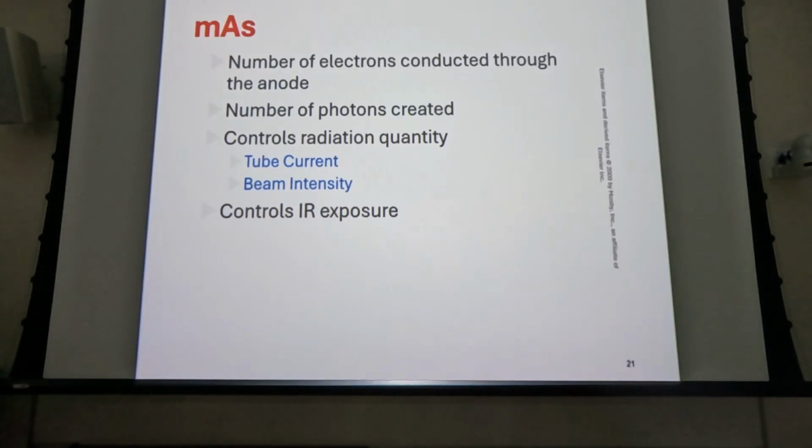Remember, you can use kVp, but that's not our primary control. So if you see control of image receptor exposure, your answer to that question is always going to be mass. It's going to be mass. The only qualifier to that is that if you want to increase penetration and increase image receptor exposure, then you might want to increase kVp.